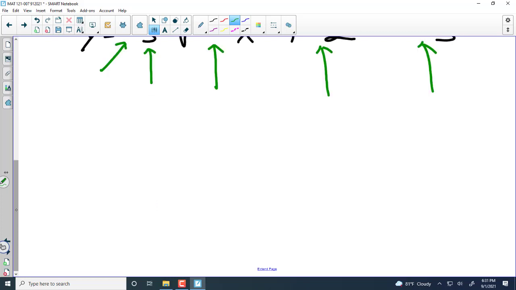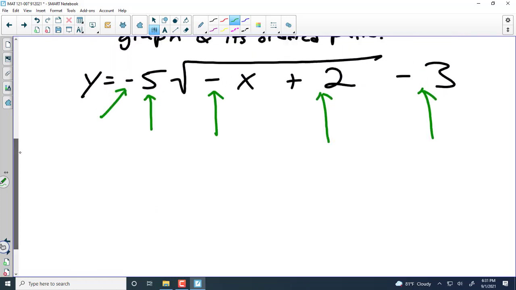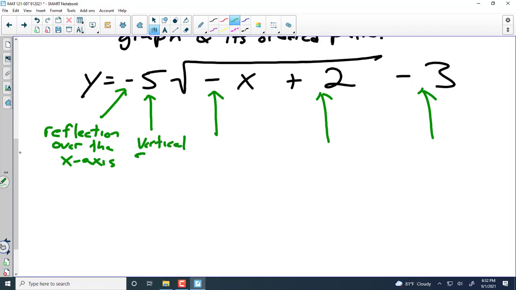I'll tell you right now what they are, and then we'll learn how I know this, and then you'll know it too. This negative in front actually causes a reflection over the x-axis. That's what makes the whole graph flip over the x-axis. This 5 actually causes a vertical stretch by a factor of 5.